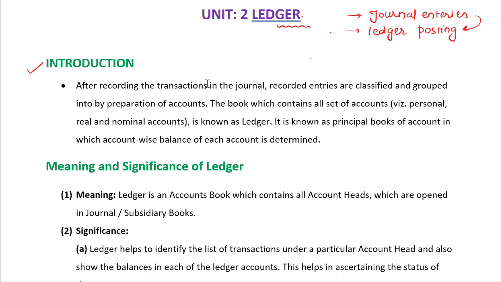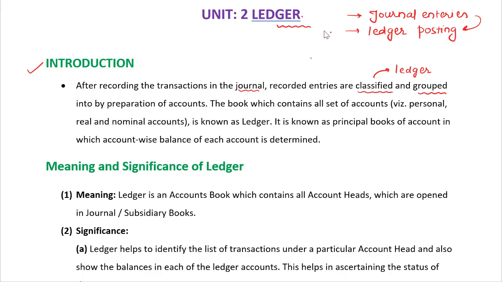After recording the transaction in the journal, recorded entries are classified and grouped together. Students, what do we understand by the term classification over here? The term classify over here relates to ledger. We will classify and group the various transactions into certain ledgers.